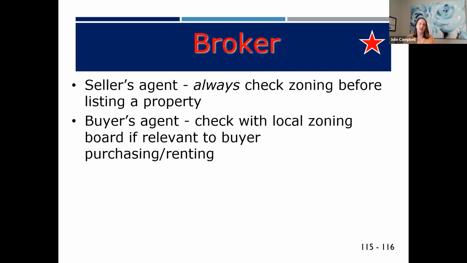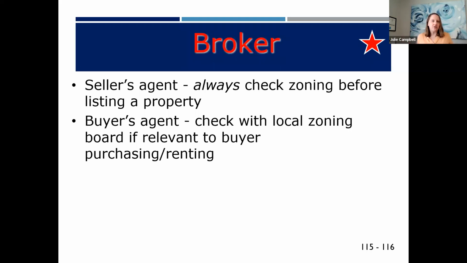But what we need to understand as buyer's agents is, if we have any reason to question the information in the system, if we look at it and say, are we sure that's right? Or if your buyer says, are you sure that's right? Or if your buyer discusses a specific need with you, for example, I plan to convert my garage into a hair salon, isn't that a pretty specific need? I think so.